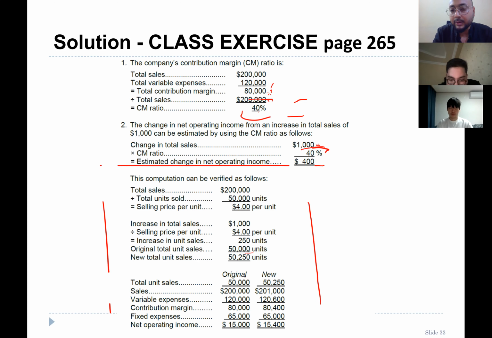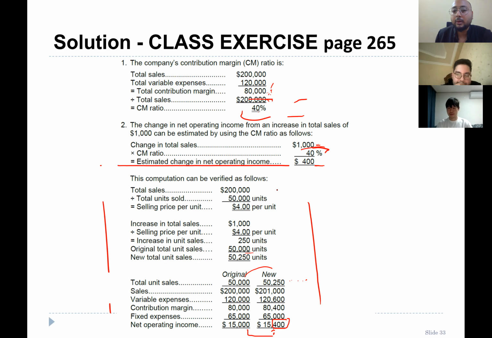If the new sales increase from 200,000 to 201,000, here we go. You can easily find out the variable expense per unit as well. So our net operating income would be increased by 400.